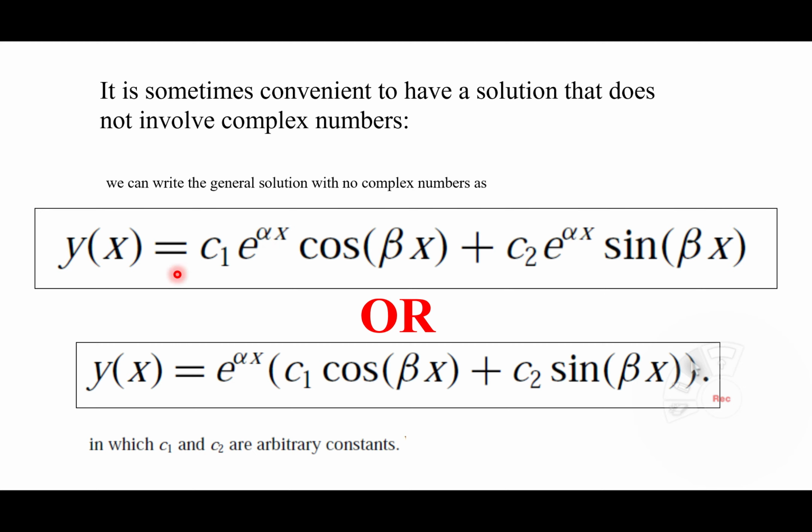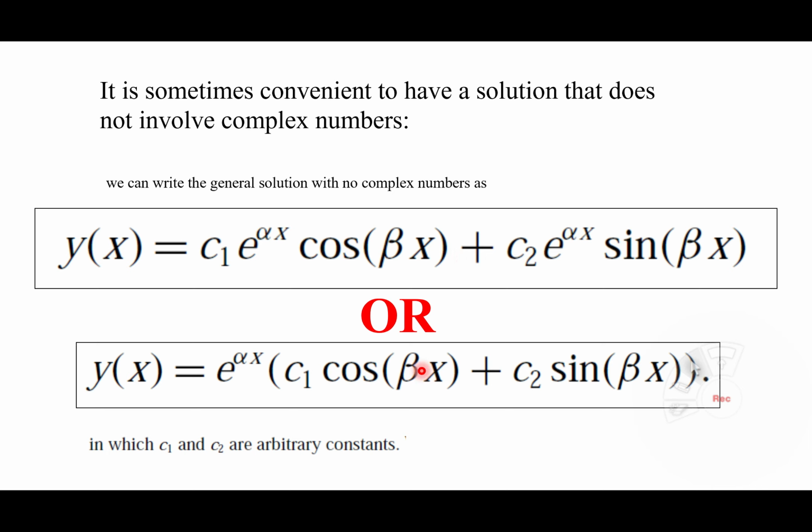y of x equals C1 e to the alpha x times a sinusoidal function, which is cosine beta x, plus C2 e to the alpha x times sine beta x. This is the general solution for the case of complex roots.